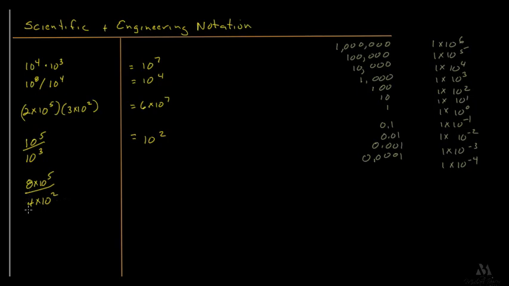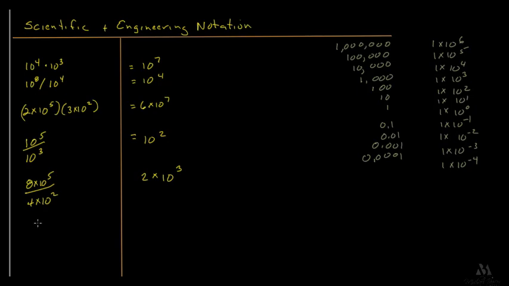Now we're going to go ahead and do the division part for the 8 and the 4 here. 8 divided by 4 is going to be 2. And for the exponents, we're just going to subtract. 5 minus 2 is going to leave us with 3. And so we're going to have 2 times 10 to the 3rd.